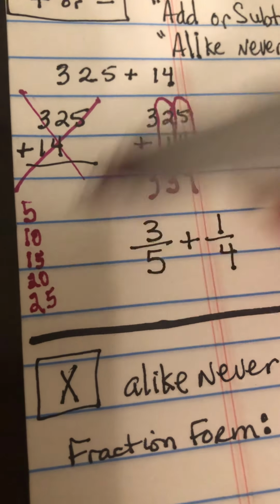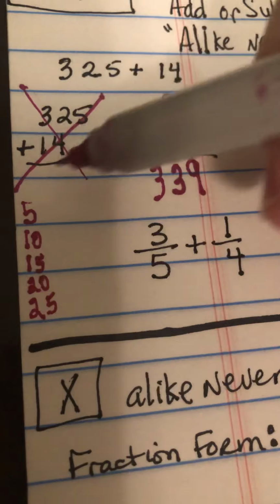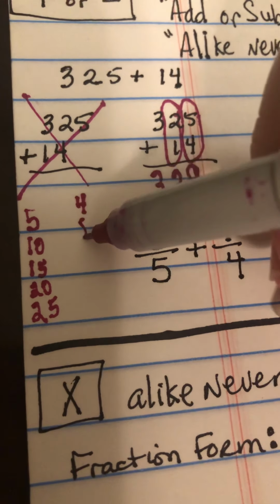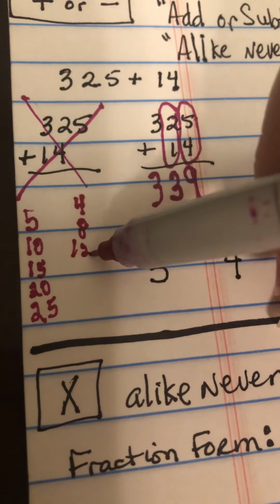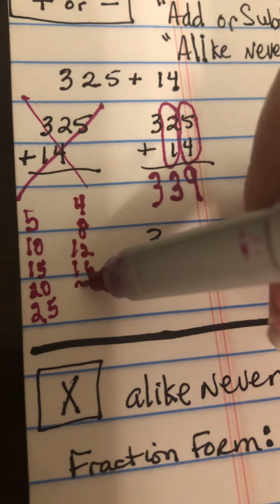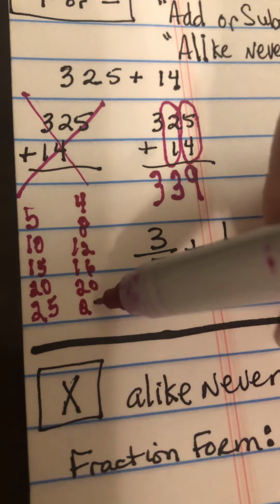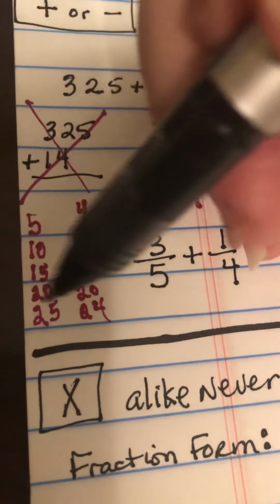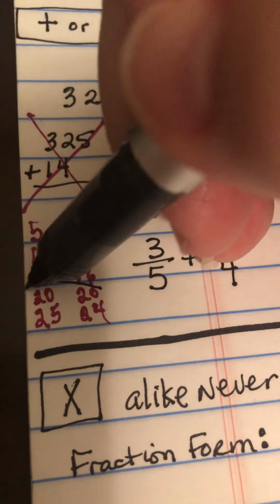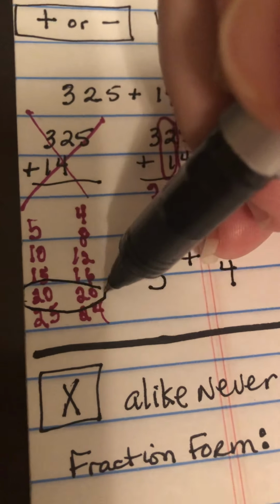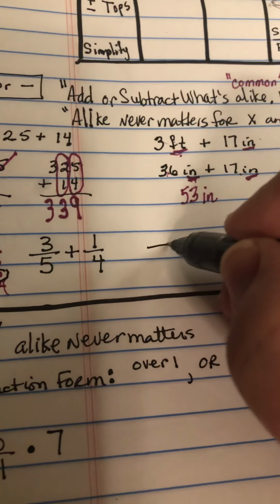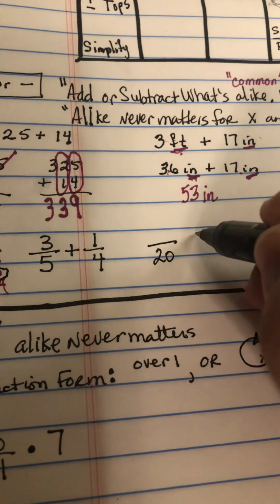And then we could do the same thing with the 4. We could do 4 times 1, 4 times 2, times 3, times 4, times 5, times 6. And what we're looking for is when do they end up having the same answer? And right here it is. 20 is a number that 4 and 5 have in common with each other. So we want to change this problem over to having denominators of 20.